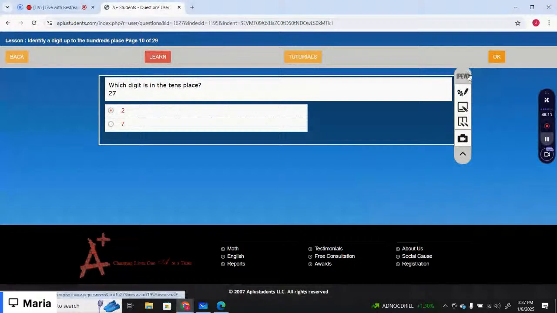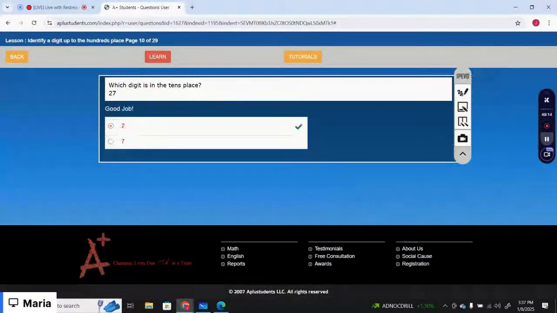That is, 2 is at the ones place. The correct option is 2.